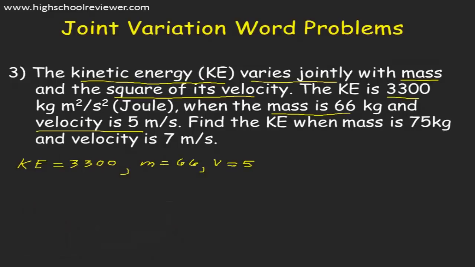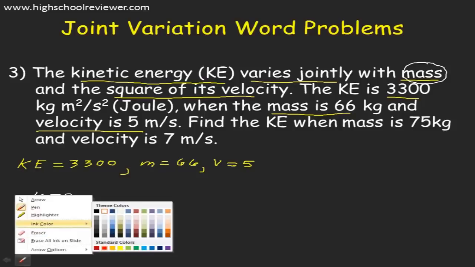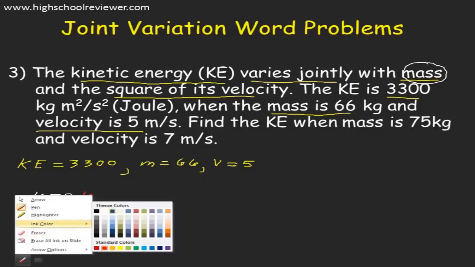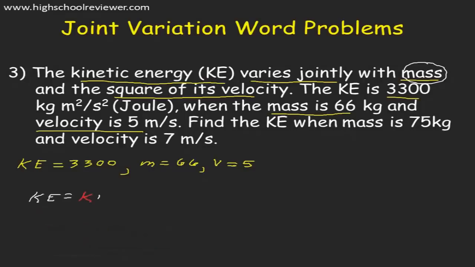The KE varies jointly, so KE will be equal to, it varies jointly with mass. But first, do not forget the constant of variation. So KE will be equal to K multiplied by the mass, which is M, and the square, take note, the square of its velocity, so this will be V raised to the power of 2. Okay, so this is our equation.